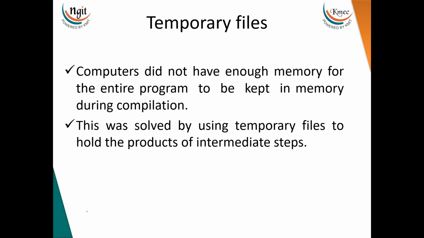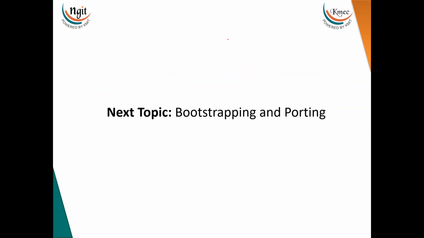So a one pass compiler means reading the whole code one time. A two pass compiler means reading the whole code two times, like that. If you want to read the whole code, we have to remember it, right? But the system sometimes may not have that much memory, so that's the reason they are stored in temporary files. Once the task is done, the temporary files release that memory.